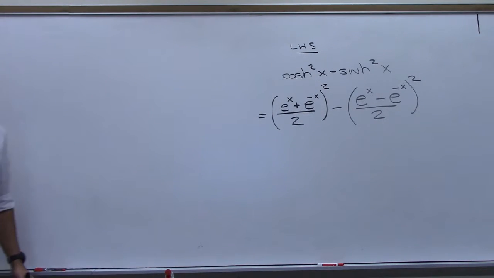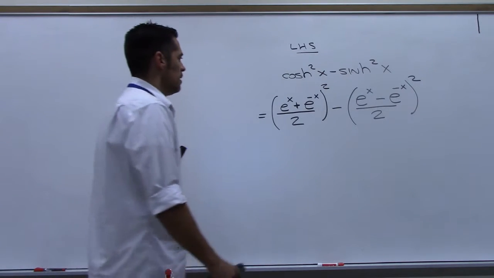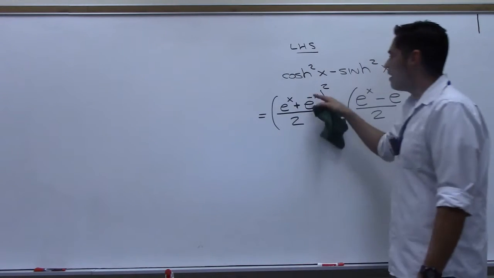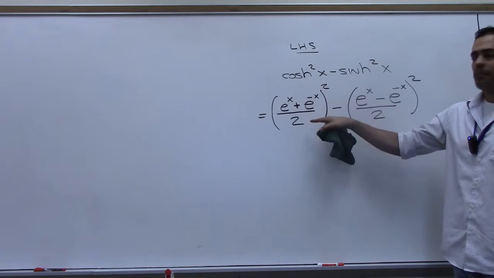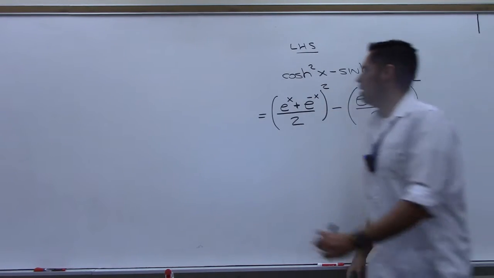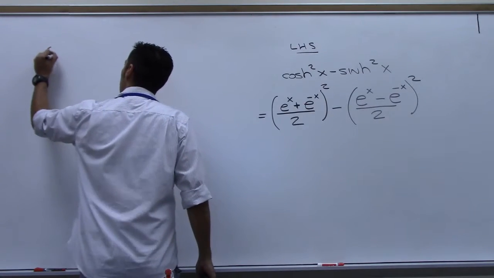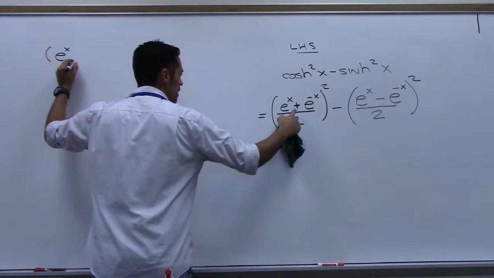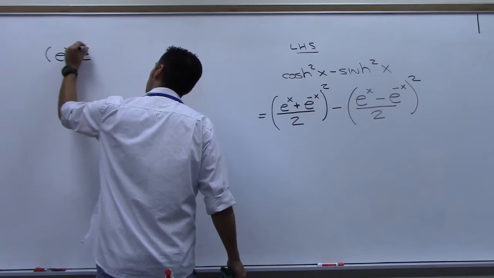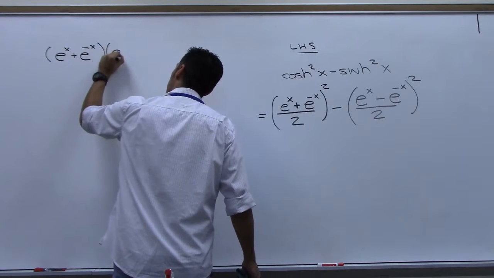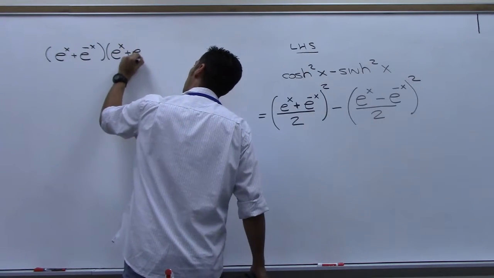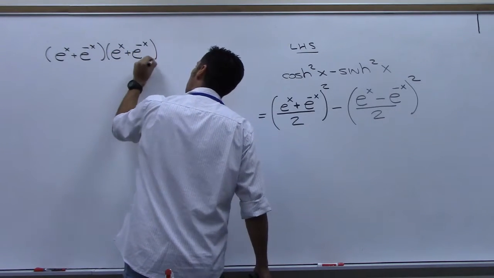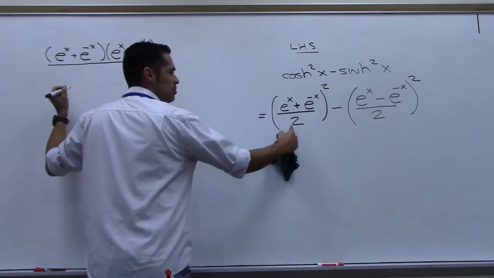So let's square these things, all right? I'm going to have to square a fraction, so I square the top and bottom, right? When I square the top, I think I'll go slow here. I'm trying to do e to the x plus e to the negative x, squared means times itself. On the bottom, that's easy. 2 squared is 4.